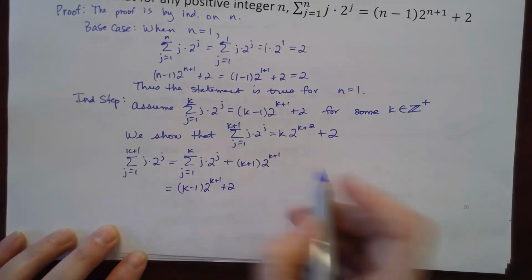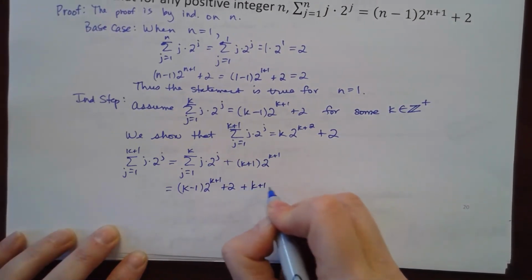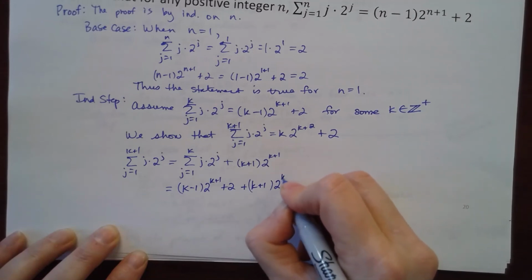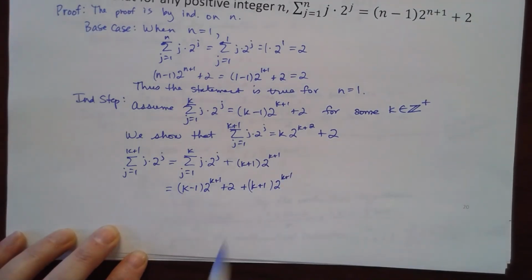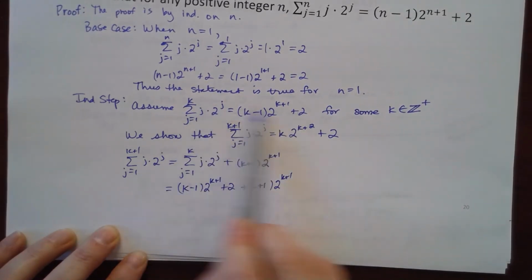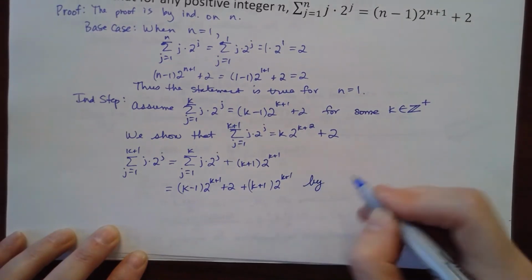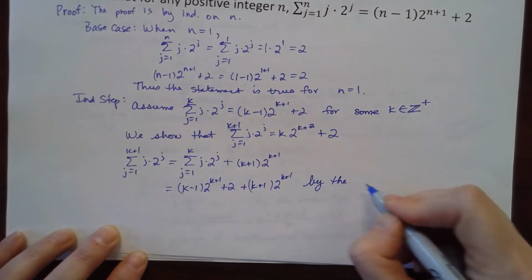And then, of course, I have to keep the rest of it, k plus 1 times 2 to the k plus 1. The only reason that we can make that substitution is because we assume that this inductive hypothesis is true. We're using the inductive hypothesis, so we should make a note of this. This is by the inductive hypothesis.